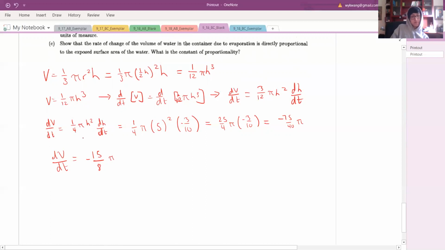Well, that's our answer. Can't really get more exact than that. I'm not even going to solve for what this is exactly, but it's -15/8 pi.